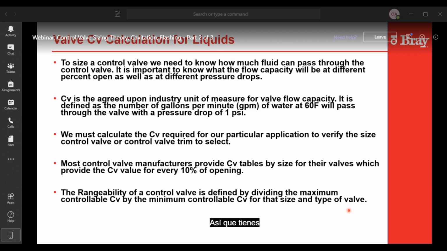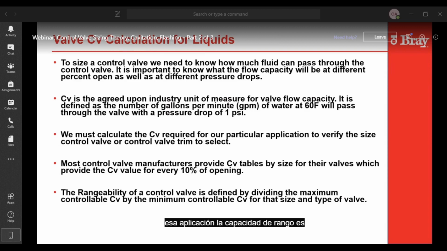You need to calculate the CV for your particular application, and then match it to, in the old days, a table published in a sizing catalog that had different CV values for different size valves by percent open, and then determine what the right size valve would be for that application.